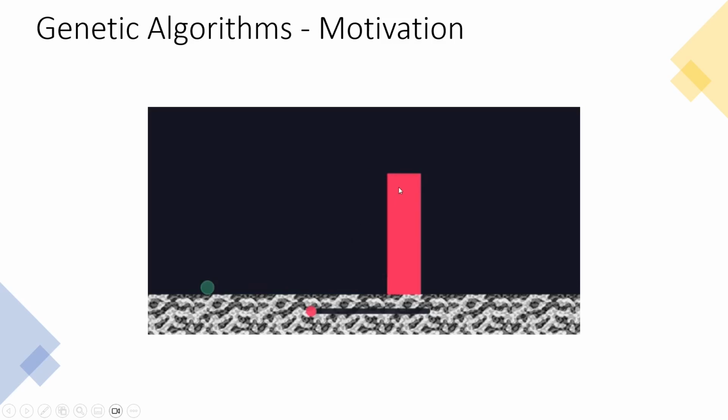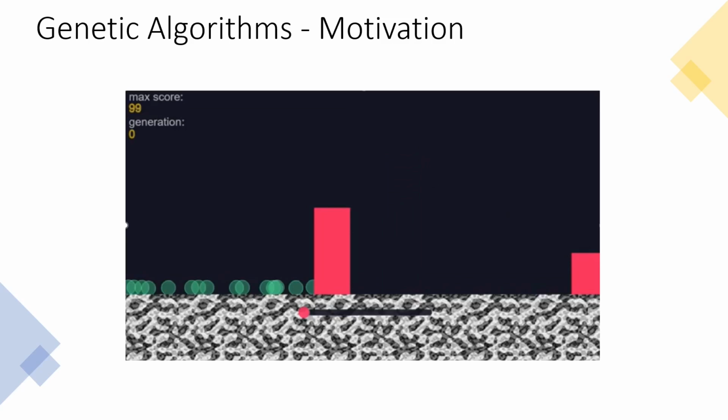In order to solve this problem, we need to find the best velocity in the X direction, the best velocity in the Y direction, and when an individual, or a bot, needs to jump over that brick.